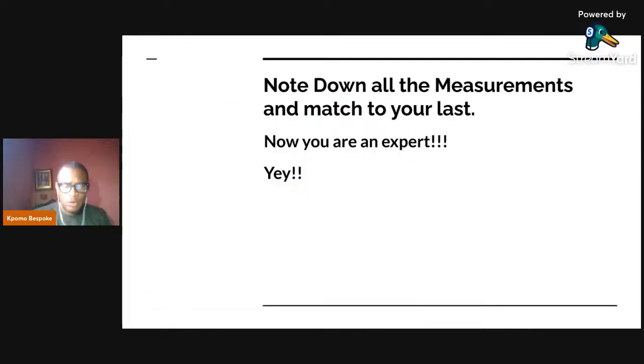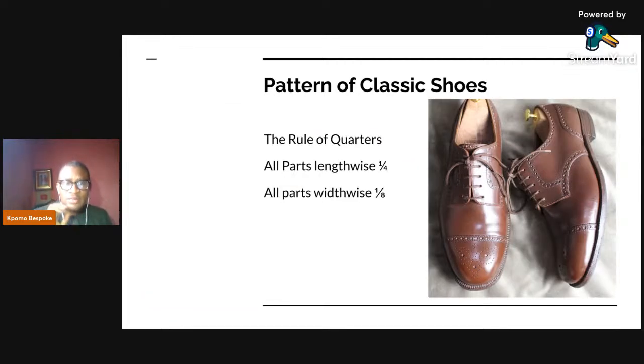But let's skip along and go to the points I want to major on, and that's this thing that I call the rule of quarters. What do I mean by the rule of quarters? If you take a look at this beautiful pair of derbies on this screen, I didn't make this shoe, but I think this is a very good example of a well-made shoe.